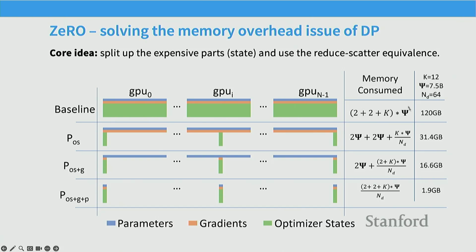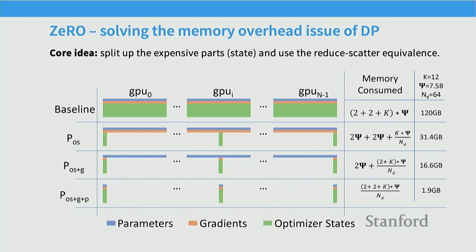So your memory consumed is going to be a function of how many bytes are being used for your optimizer state, and that's generally going to be even more than the core parameter and gradient memory usage. And so for a simple example of a 7.5B model distributed over 64 accelerators, you're using a ton of memory, right? And this memory, total memory at least, scales linearly upwards with the number of GPUs. So that's no good at all.